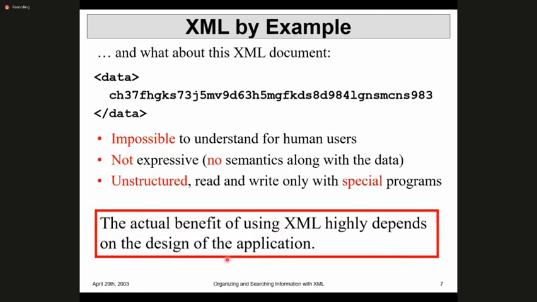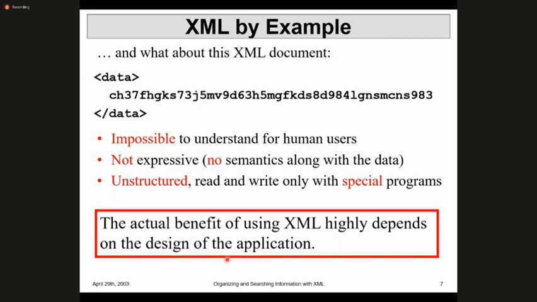The actual benefit of using XML highly depends on the design of the application, right? The first one is better. It is easy to understand, easy to program, easy to write, well structured, right? But when it comes to security aspects, let's say you are transferring some sensitive information like credit card details, or maybe medical or health information, through XML files like this.